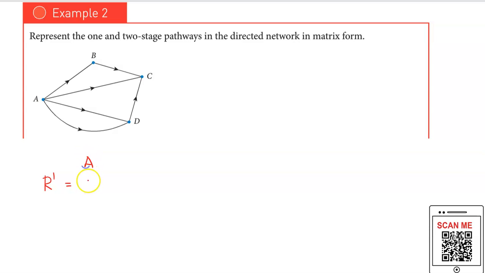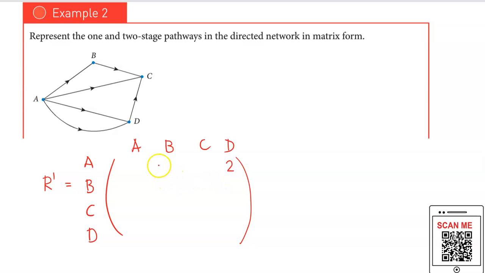Make sure you write A, B, C, D across and down. This is one stage. How are you going to do it? Look at A. A can go to D 2 times, so here you put 2.